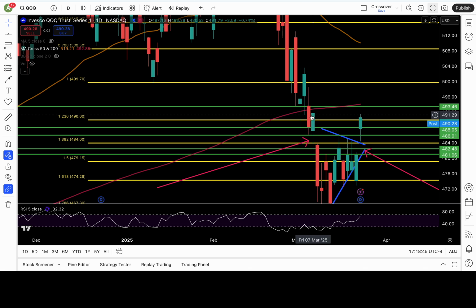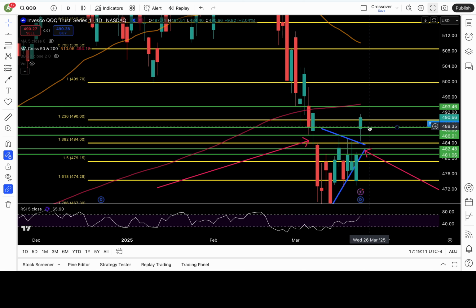All right, so above 490. I mean, I have today's high around 491.5. I'd like to see it clear, and of course, a recapture of the 200 daily moving average. It is around 494. Get above that, we can be more bullish. And that could put those higher targets in play. But if we are to get bearish, 490 must break down. That would make today's breakout a false breakout.